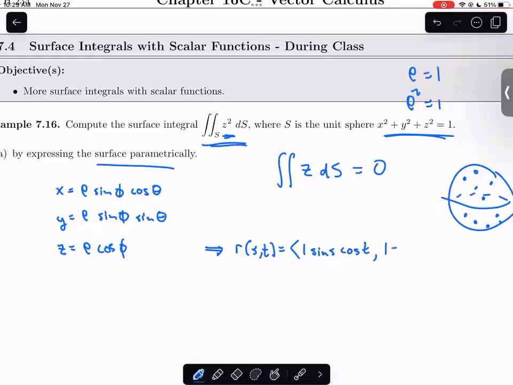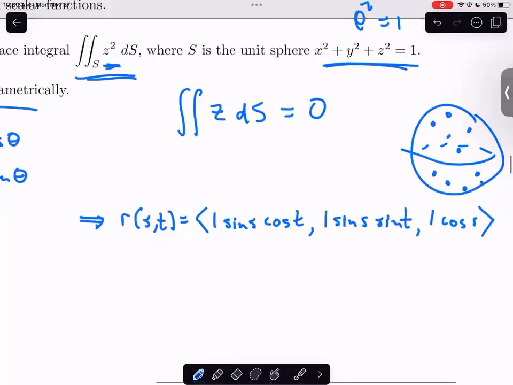Next up, we would have 1 sine s sine t, and then finally 1 cosine s. If you want to get the entire sphere and include each point once and only once, you allow your phis to range from 0 to pi and your thetas to range from 0 to 2 pi. In our case, of course, phi is s and theta is t.